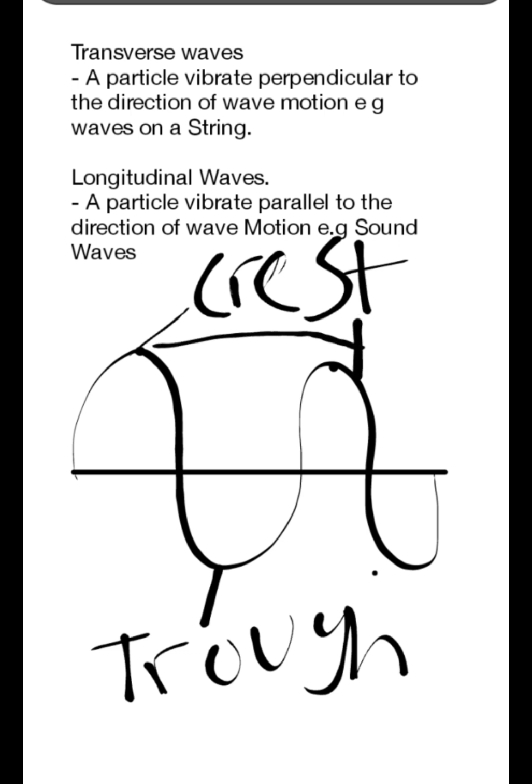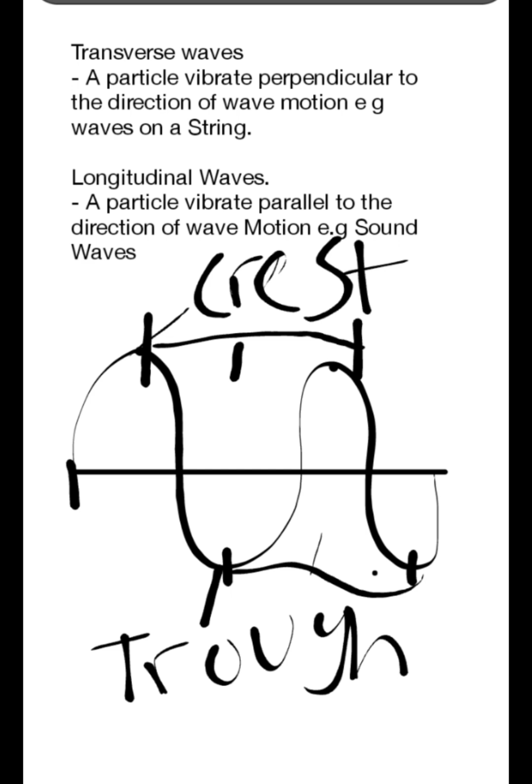This is just the length of a complete wave. For example, from here to here, it's a complete wave. So wavelength is just the distance between 2 points in phase. So this is wavelength and this is wavelength. Also, this is wavelength, and the distance from here to here is also wavelength.